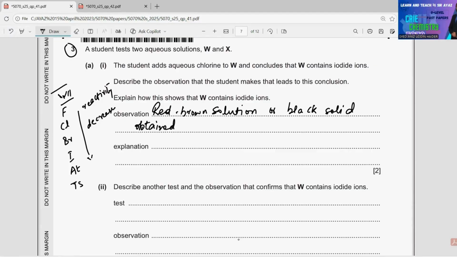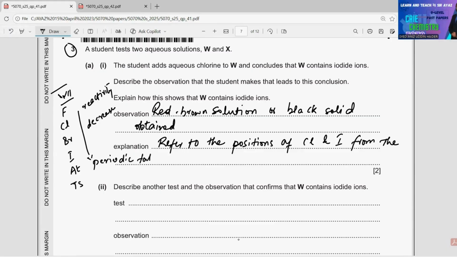For the explanation, you refer to the positions of Cl and iodine in the periodic table. What you're going to write is: chlorine displaces iodine. Chlorine has displaced iodine.